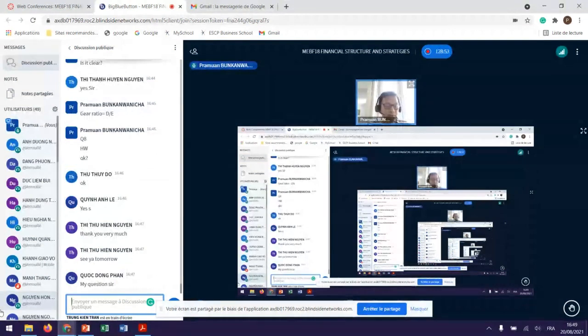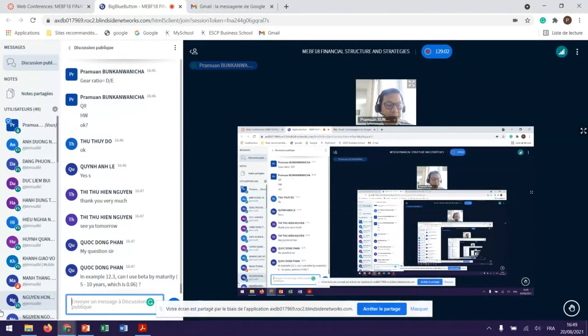Okay, you have a question? Example 12.3, can I use beta by maturity, which is 0.06? In this table, you cannot use it because the bond is rated double B, and the beta in that particular table only applies to triple B and above.